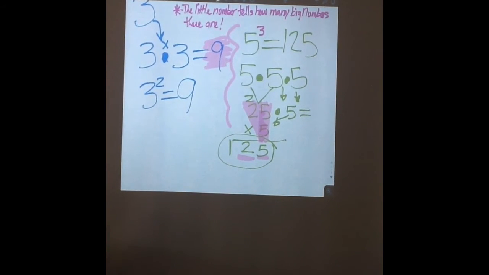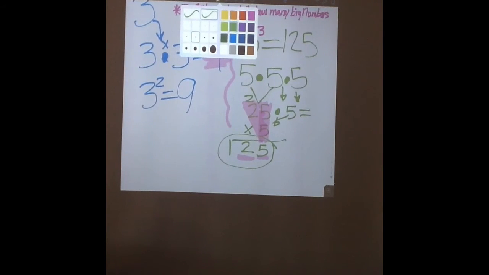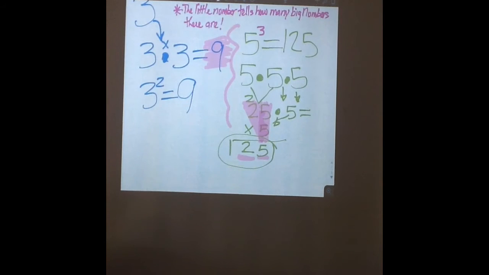Okay? So let's practice that one more time. Shall we do one more? Okay, let me use purple. Let's say I have a number like 4, and my little number is a 2. 2 would be easy, wouldn't it?